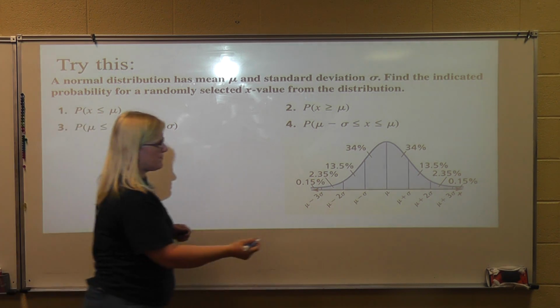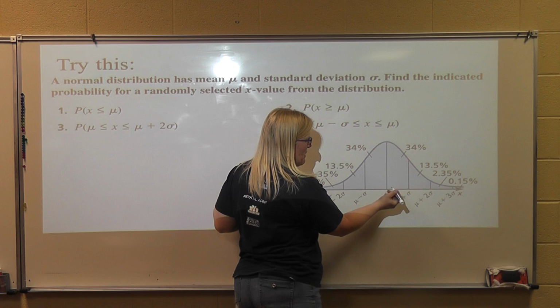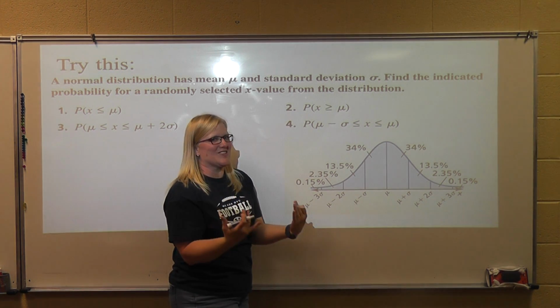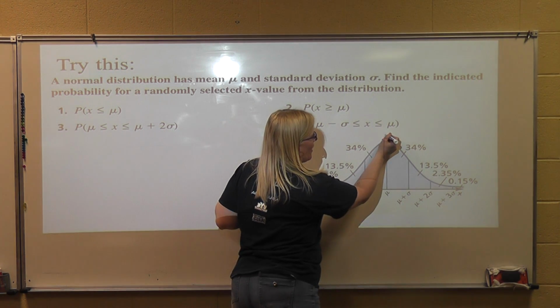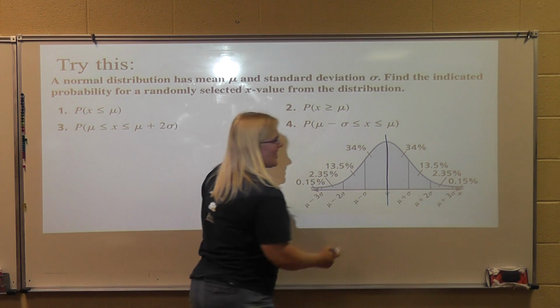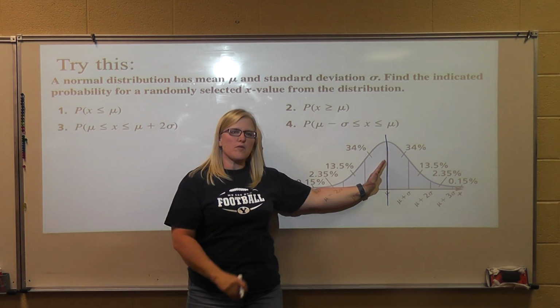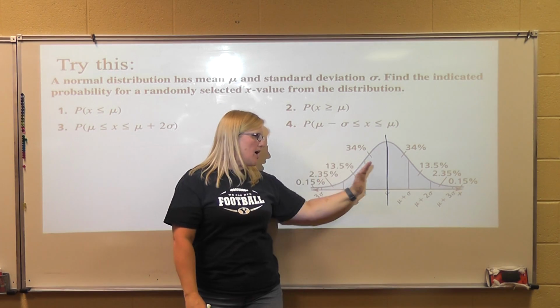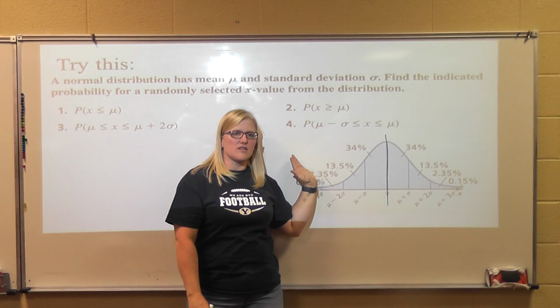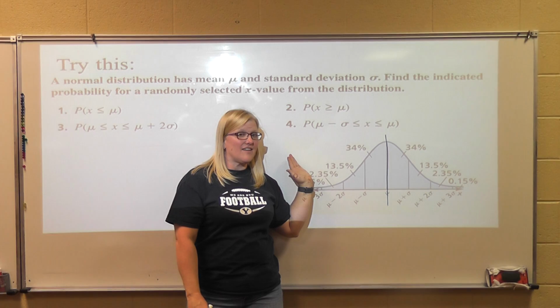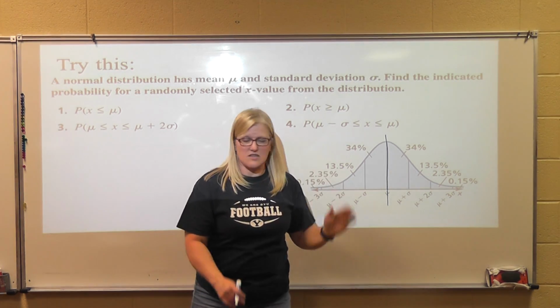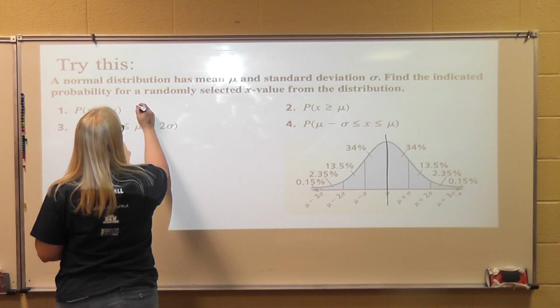Well, here's mu. Mew, mew. Sorry, totally sounds like a cat. Okay, all right. Here's mu, I want to know what the probability is that I would pick something lower than this. And hopefully you're all thinking it. It's 50%, right? Yes, 50%, because it's half.